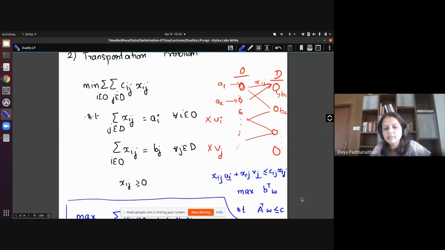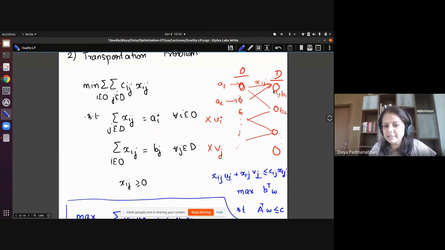Okay, so the Ai's give you the amount of how much you can produce at each of these origins, the sources, and the Bj's are the demand at the destination side.